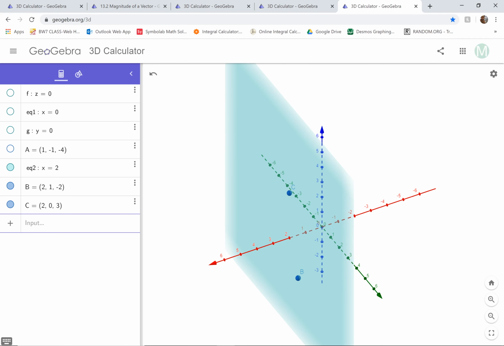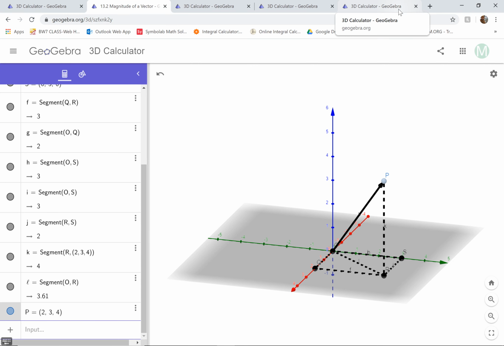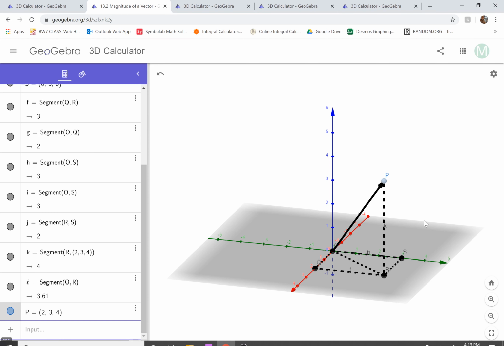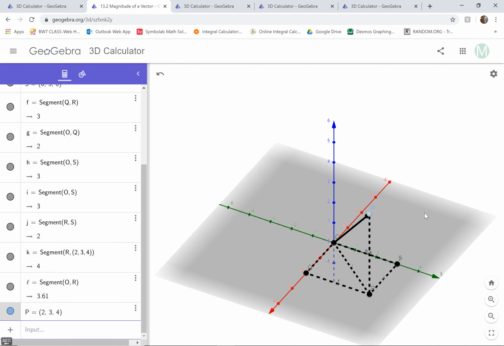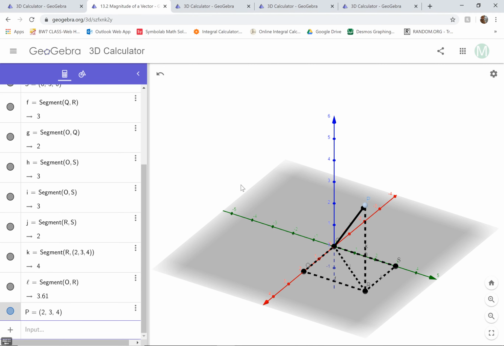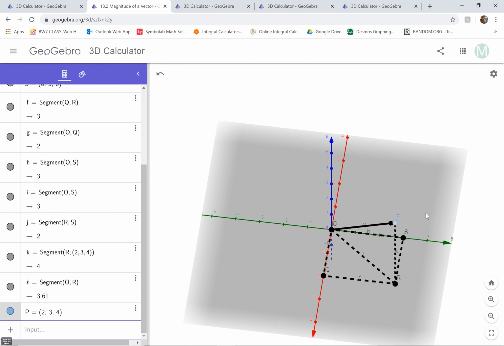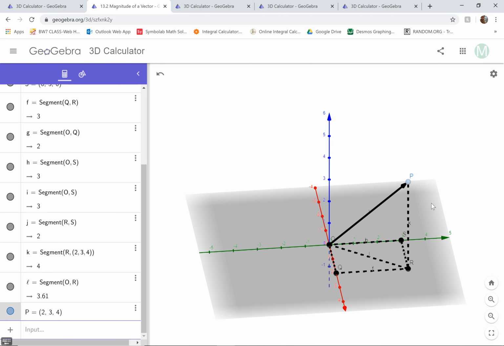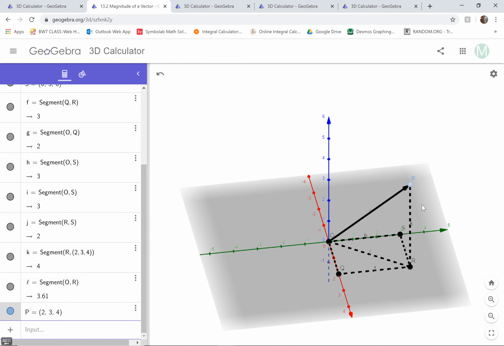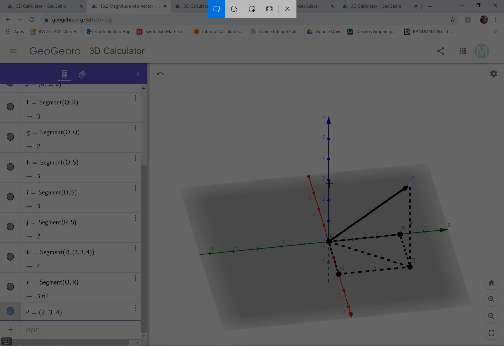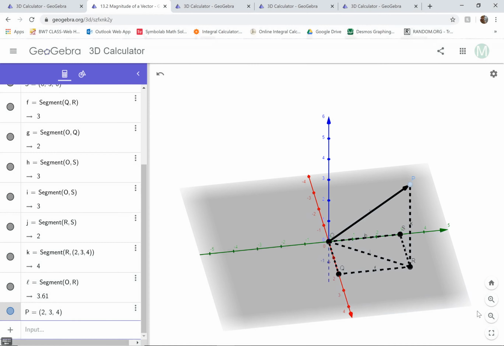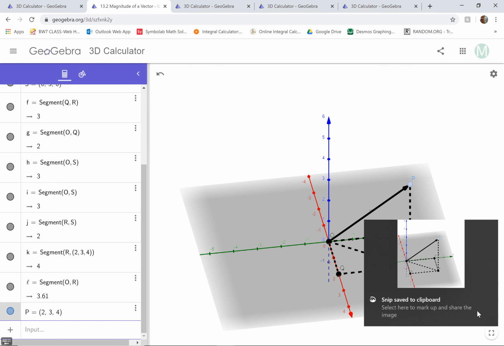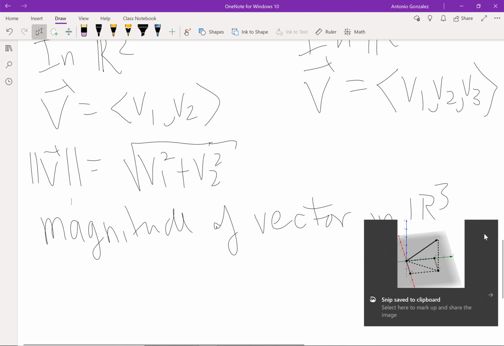We can come across it still using the Pythagorean theorem, but now in 3 dimensions. Let me show you guys a picture here. All right. If we look at this vector P here, and again, I gave it a value, but just assume, in fact, let me go over to our notes here.